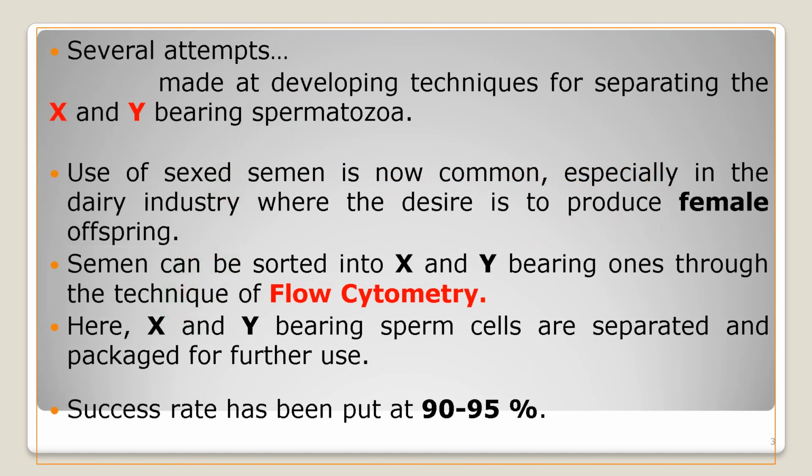Attempts have been made at developing techniques for the separation of X and Y bearing spermatozoa. The use of sexed semen is now very common, especially in the dairy industry, where the desire is to produce female offspring.